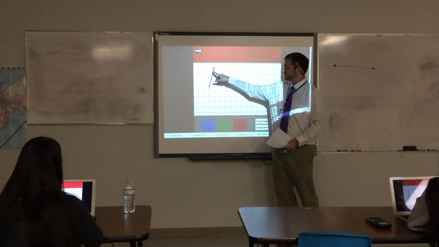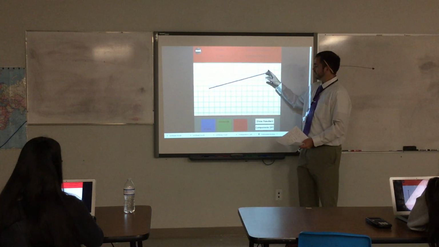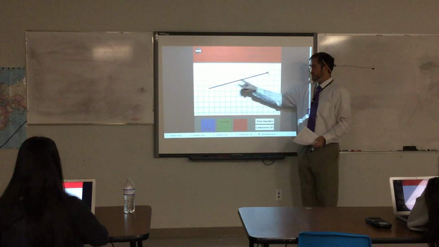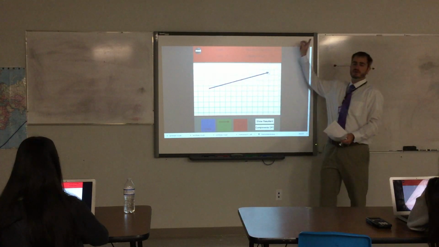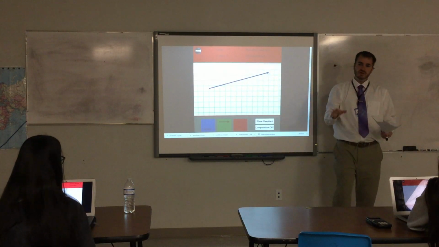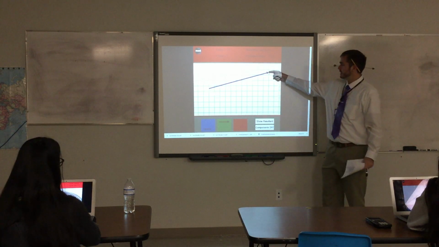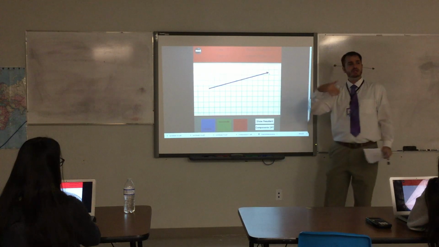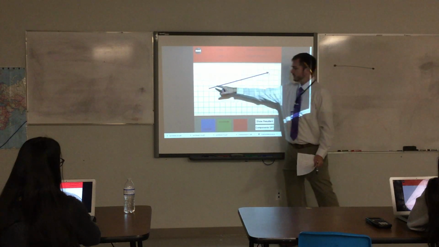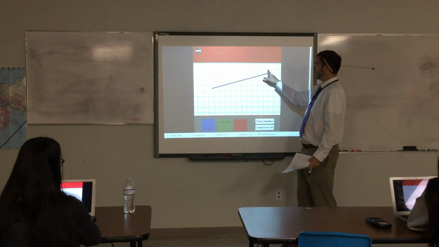Yep. So, well, you might think, oh, this goes on and on forever and ever. Nope, it does not. Vectors have a beginning point and an end point. And the end point is right here. But that little arrowhead is just telling you that this vector is pointing in that direction.